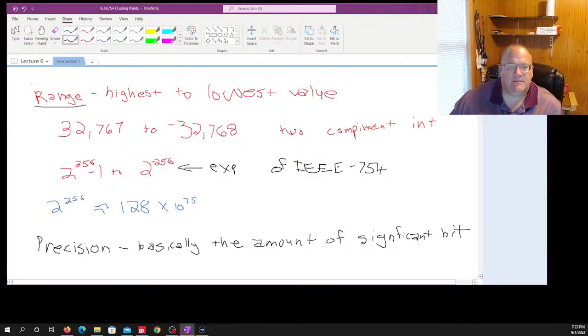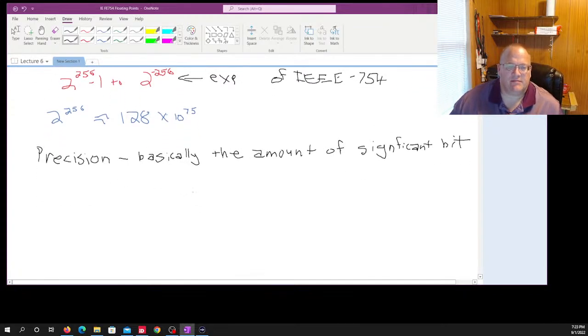If we're in base 10, we could say digits, because in that case a bit is the same as a digit. It's just another character.